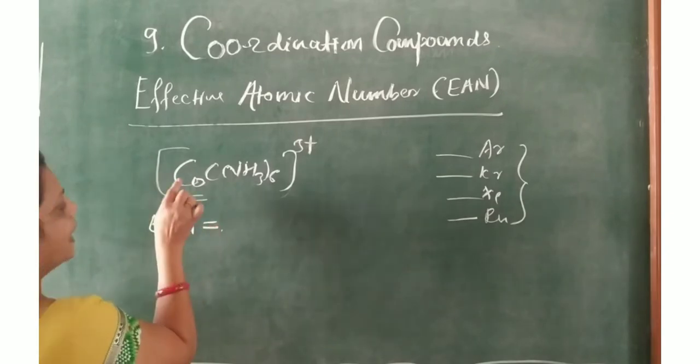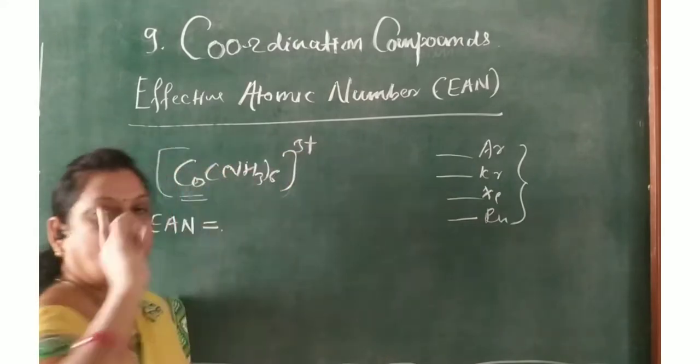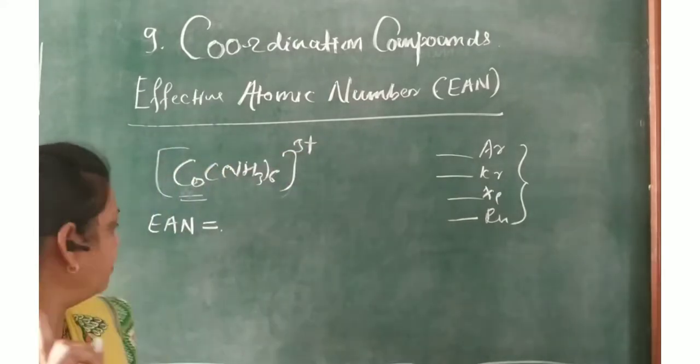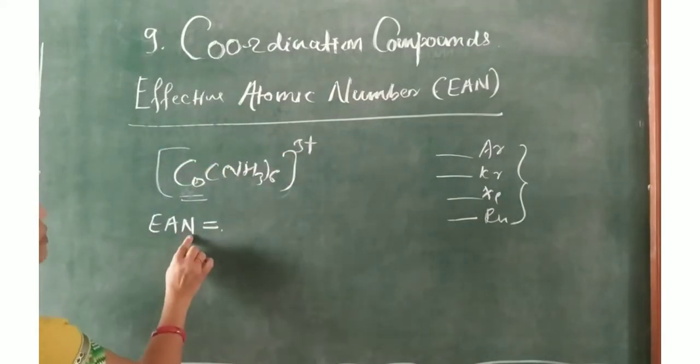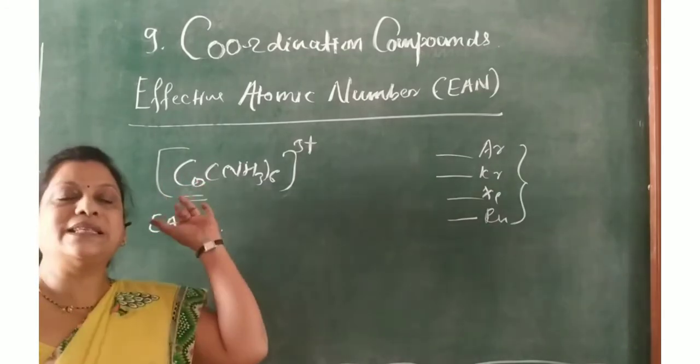EAN is equal to the total number of electrons around the central metal ion in the complex.